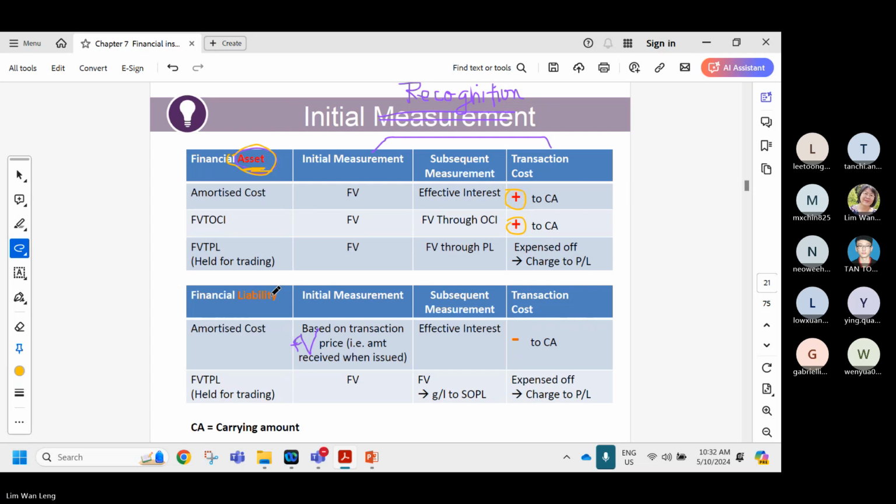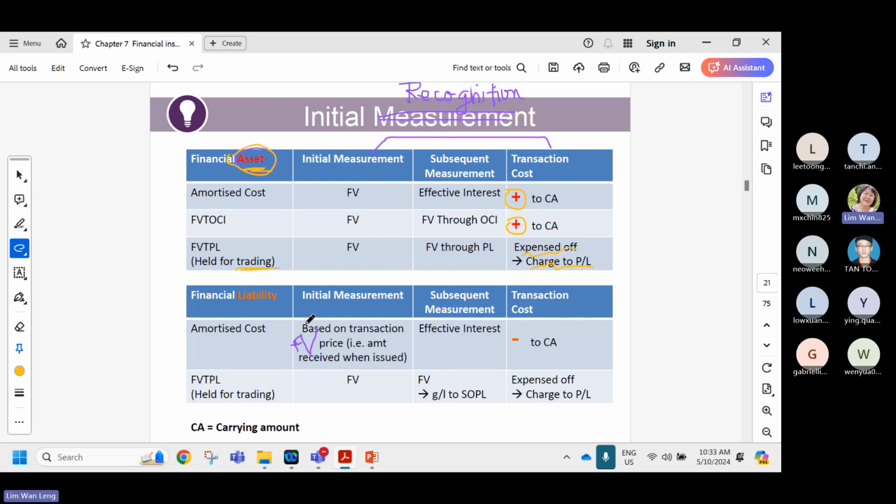Okay, for financial assets captured at fair value through the profit or loss, which is usually held for trading, should there be any transaction cost, you're going to expense it off to the SOPL. Just charge it out as a normal expense.